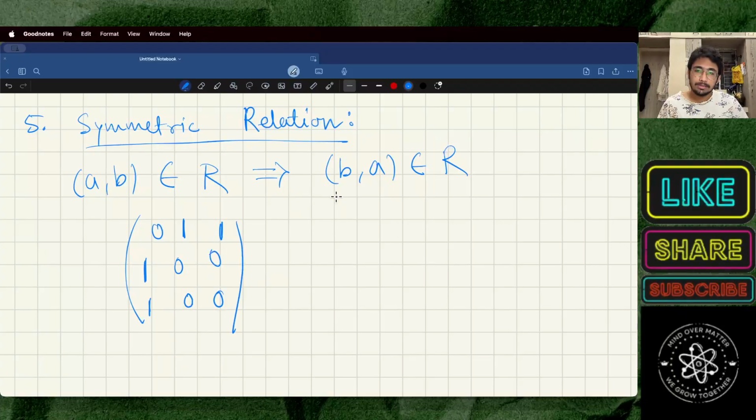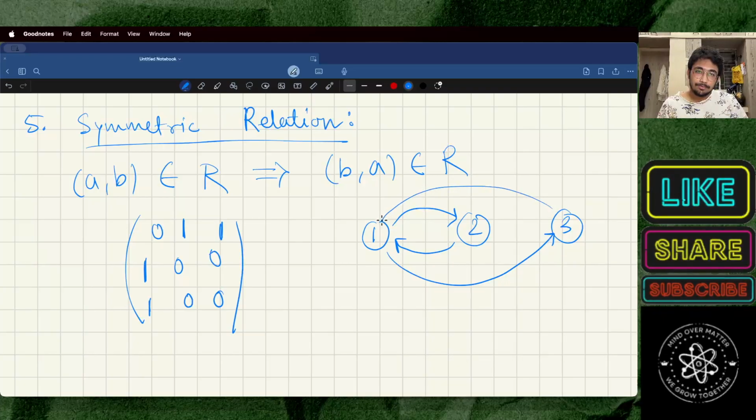In digraph representation, it says nothing but this: if 1 is related to 2, then 2 will also be related to 1. And if 1 is related to 3, then 3 will also be related to 1. It just tells that if one element is related to another, then that other element will also be related to the first one. So this is a symmetric relation, nothing else.